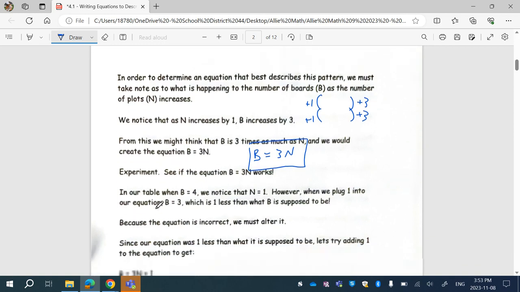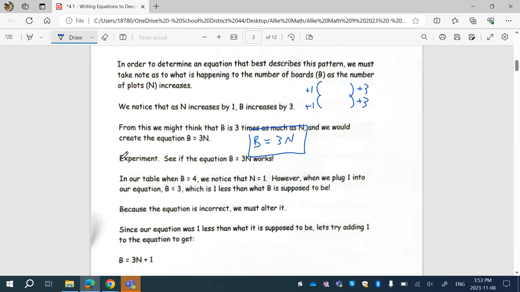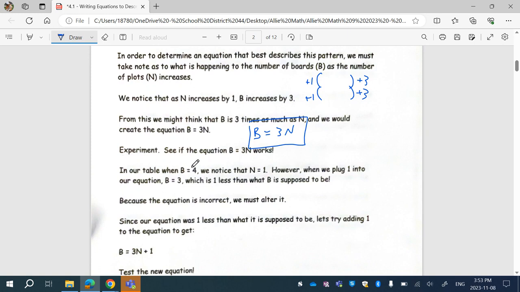So let's do an experiment. Let's see if the equation works. In our table, when b equaled 4, we noticed that n equaled 1. So when there was 4 boards, the number of plots was 1. However, when we plug 1 into our equation, b equals 3, which is less than b is supposed to be.